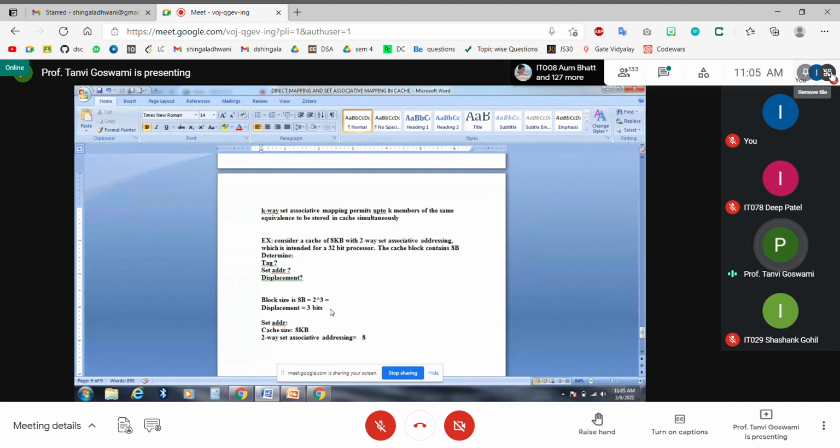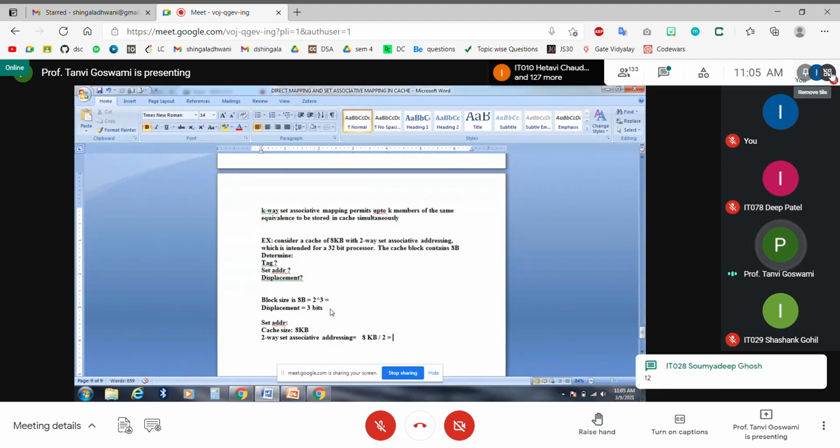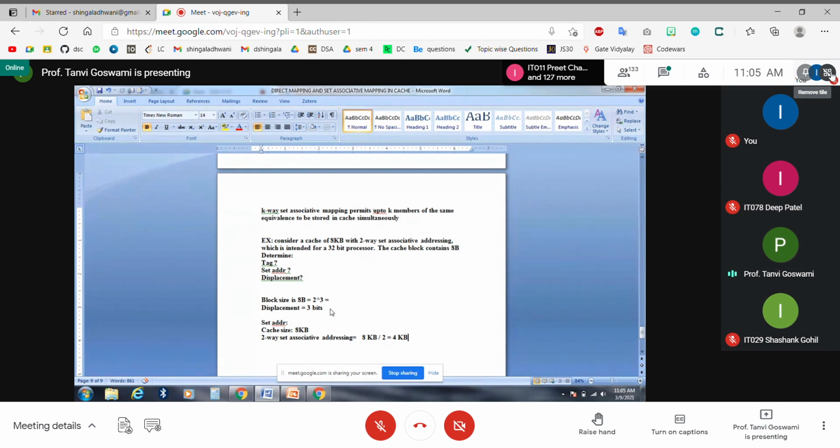So that will be 8 KB divided by 2, equal to 4 KB. So each set consists of 4 kilobytes of data. Again, what is the block size? The block size with us is 8 bytes.